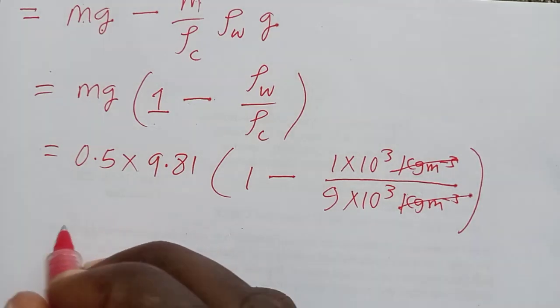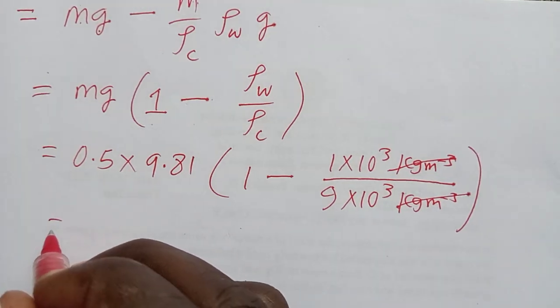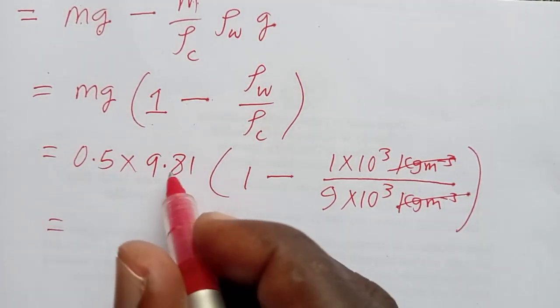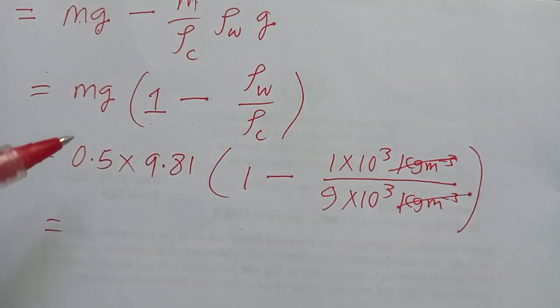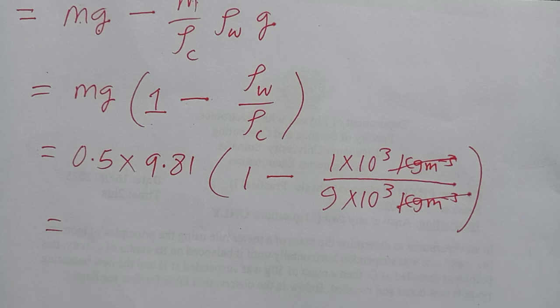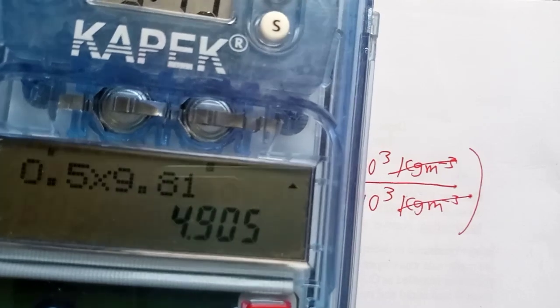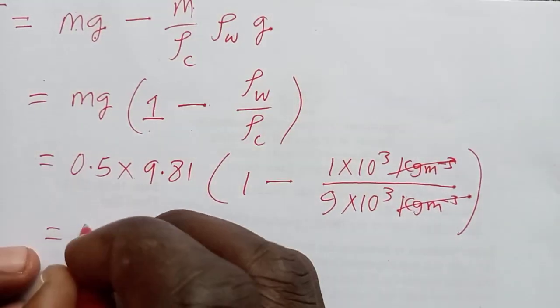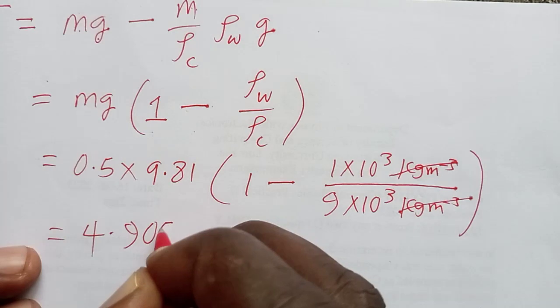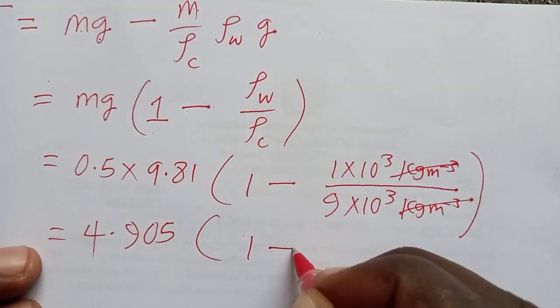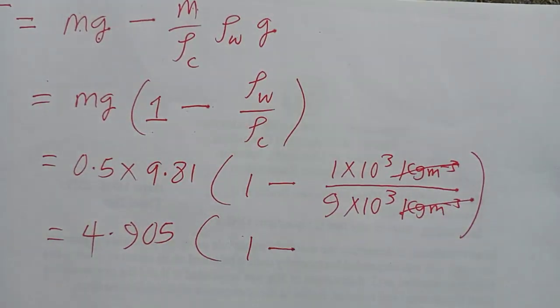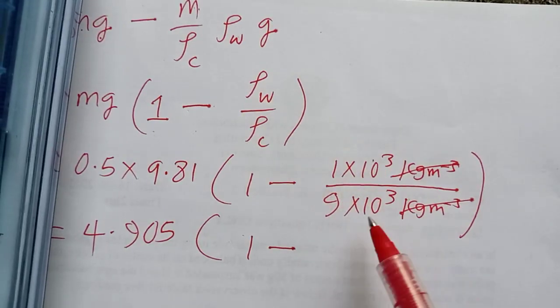So we move on and say, okay, this is equal to 0.5 times 9.81. Press this first, and you get 4.905. So you have 4.905, open bracket 1 minus, then you evaluate this one, this divided by this.